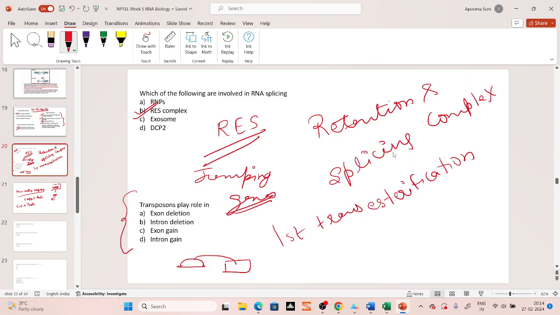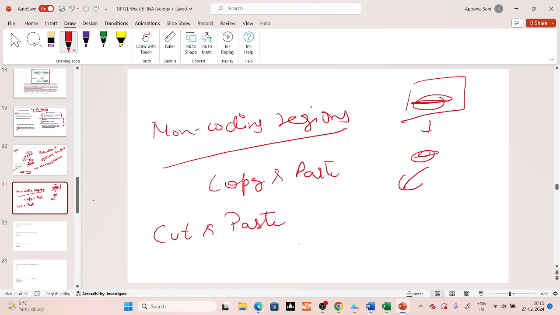But as I said, transposomes are mostly regions which are not very important. These are non-essential regions. Therefore, the correct answer would be D and not C and D both. Suppose this particular gene has intron I1 and intron I2.